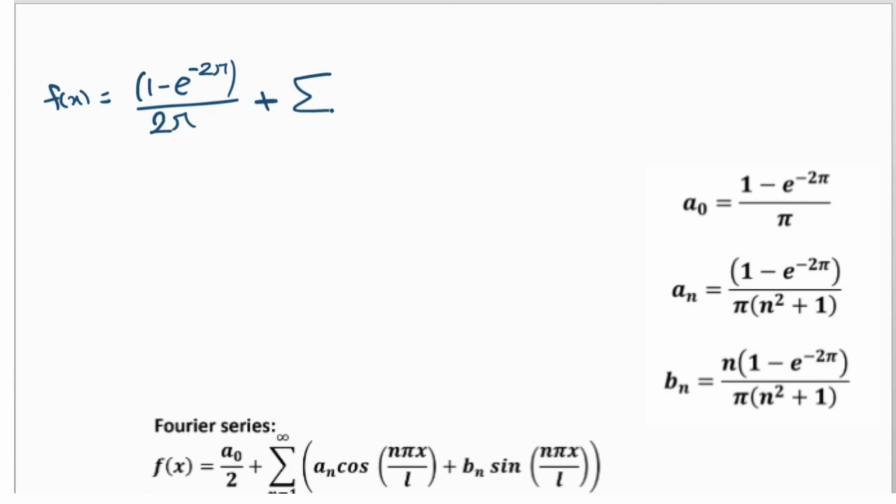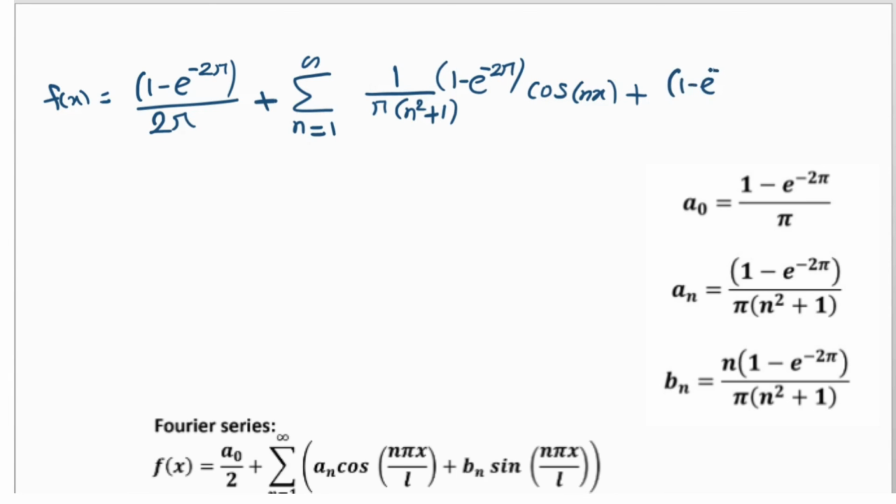Plus summation n varies from 1 to infinity, an value of an is 1 upon pi, in bracket n square plus 1, into 1 minus e raised to the power minus 2 pi into cos nx, plus bn is 1 minus e raised to the power minus 2 pi into n divided by pi, n square plus 1, into sine nx.